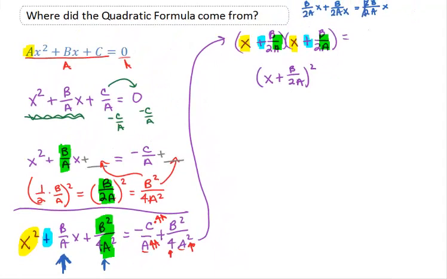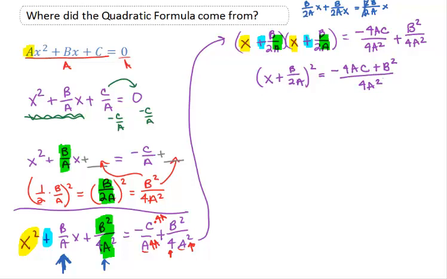That leaves me with a negative 4ac over 4a squared plus just my second fraction, exact same, of b squared over 4a squared. So in the top, I have negative 4ac plus b squared over my common denominator of 4a squared.